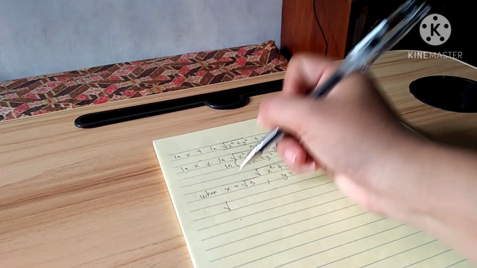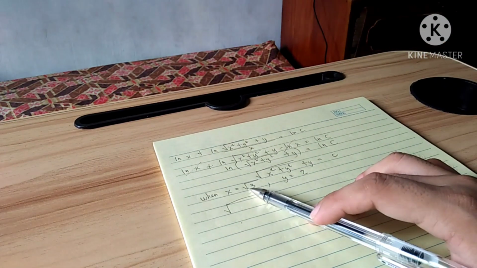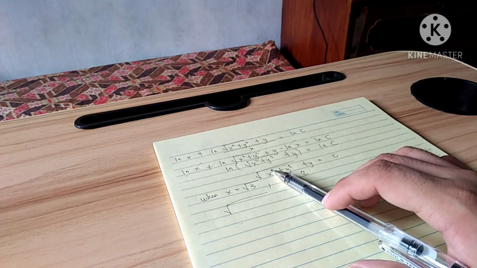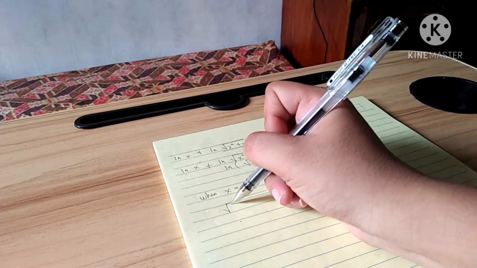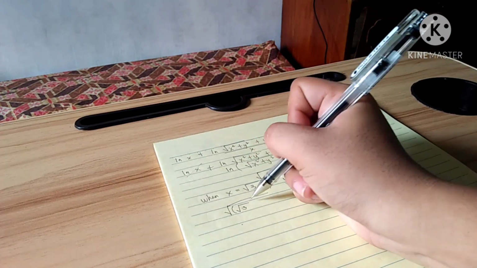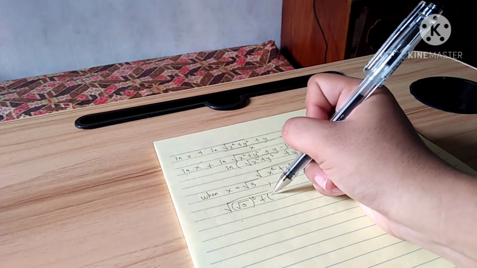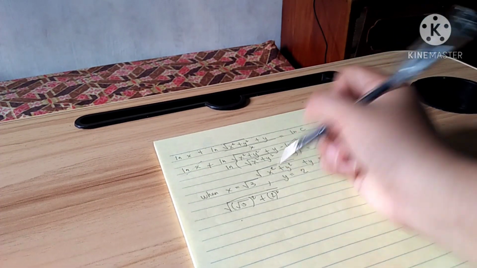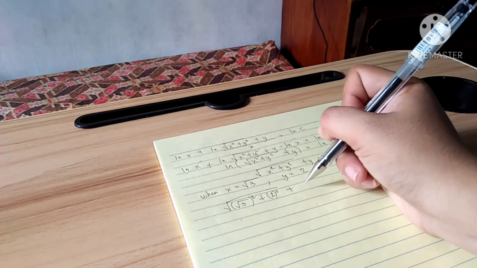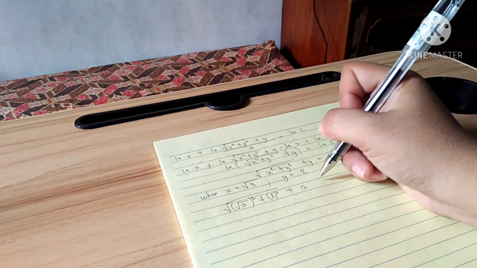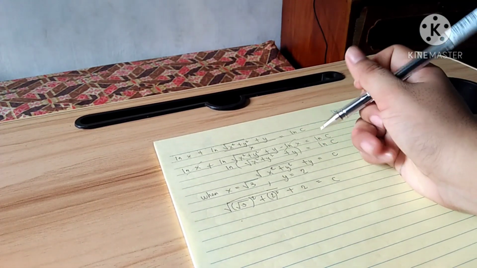So, we have square root of, anong equivalent ng x daw dapat dito? We have the square root of 3 din. So, square root of 3 squared plus yung y squared magiging 2 squared natin plus 2 since yun equals to c.